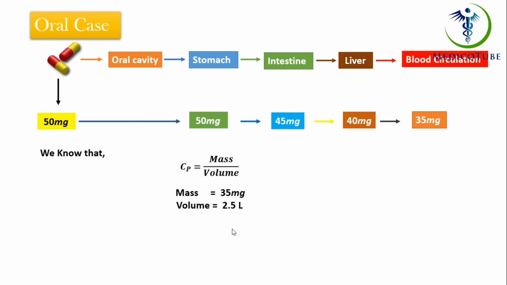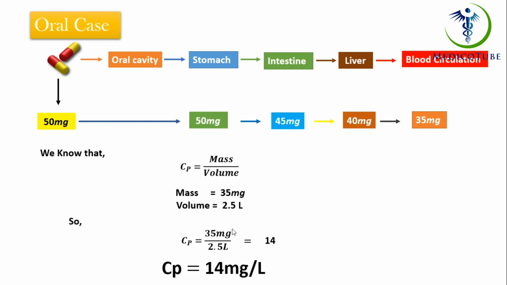We know that plasma in a normal human being is 2.5 liters. So the concentration of plasma is equal to 35 mg divided by 2.5 liters, and we get 14. The answer is that the concentration of plasma is 14 mg per liter of diclofenac sodium.